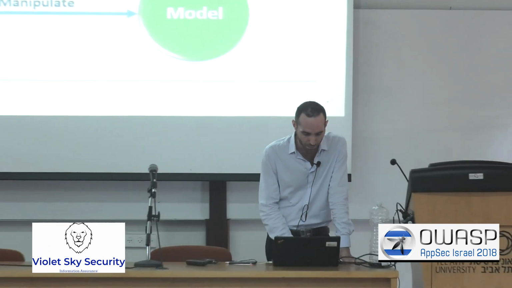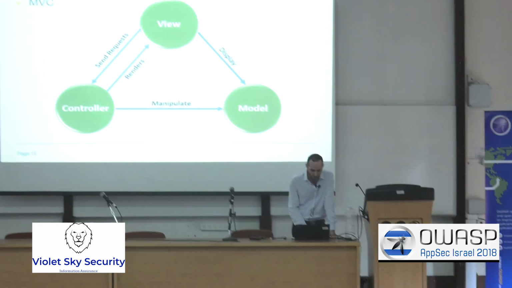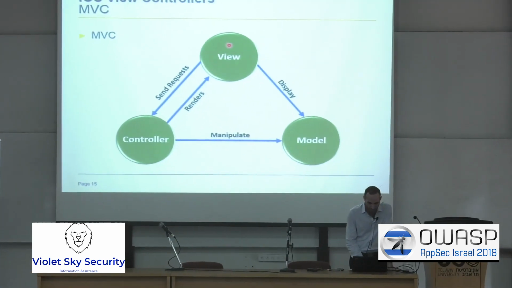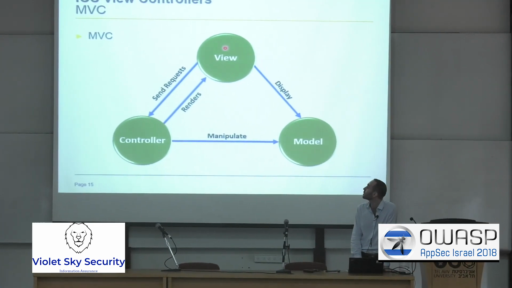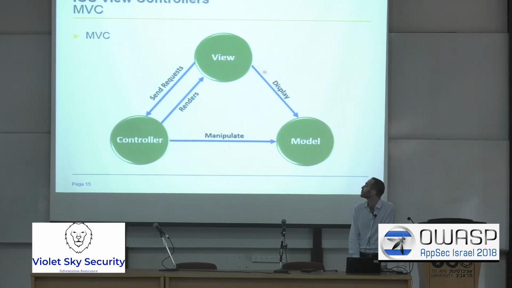So a common way to describe model view controllers, and I will say that there are a lot of variations to MVC, but Apple states clearly that UIKit still is based on the classic MVC in a way. So you can see that there's a view here, and the view is responsible of always displaying the model.